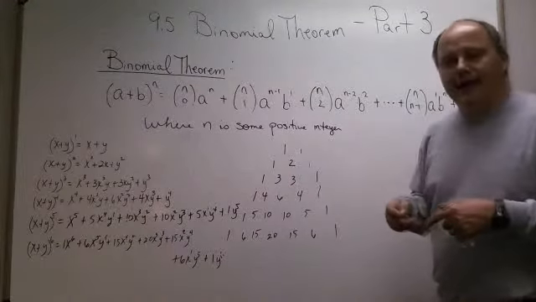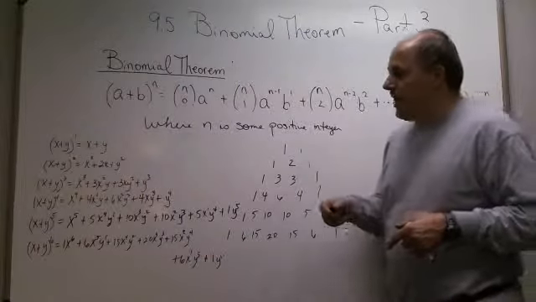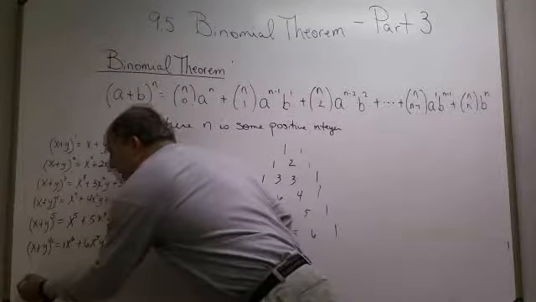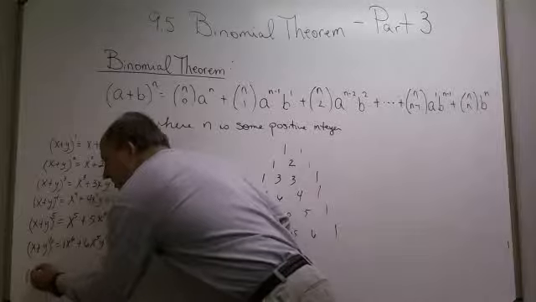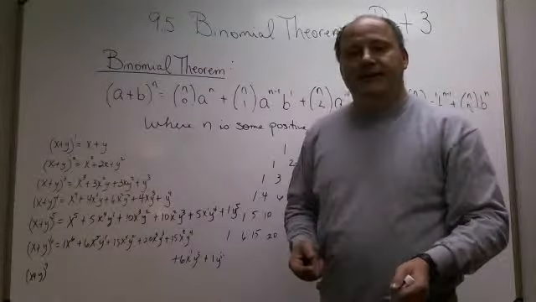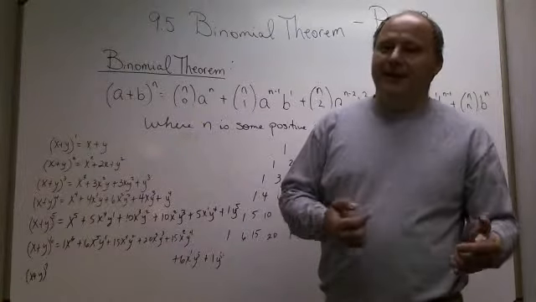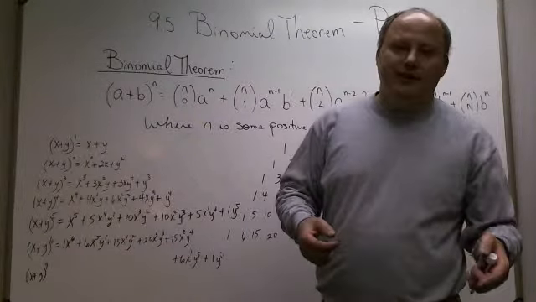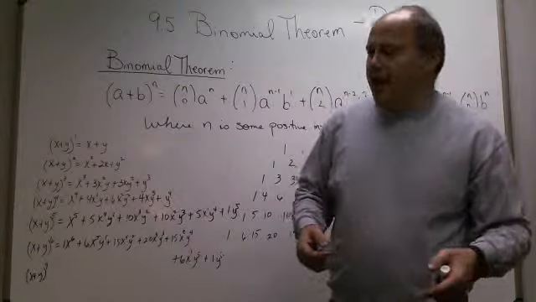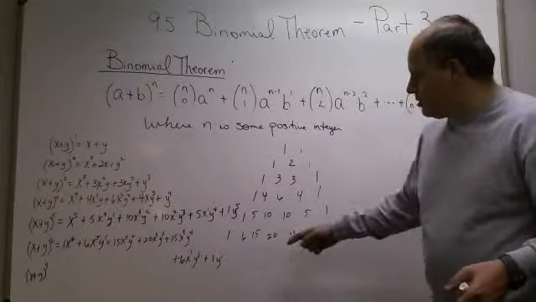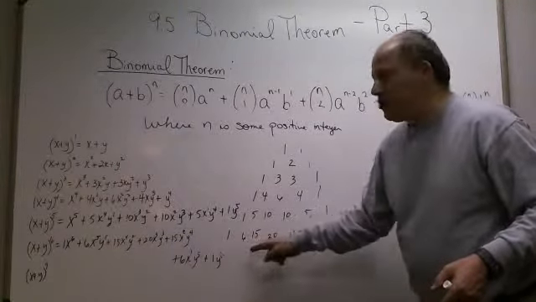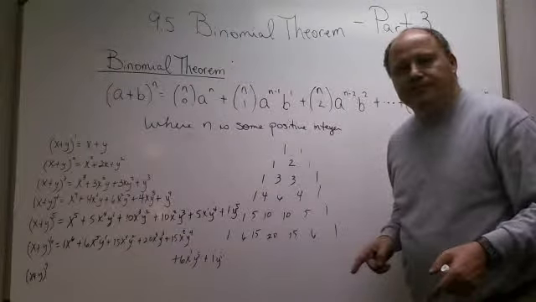So I think now at this point you could actually do x plus y to the 7th, and even with the theorem itself, it won't be easy. It would take you a little while because we're going to have 8 terms, so it would take a long time just to write those 8 terms down. And you would have to go to the 7th row of Pascal's triangle.